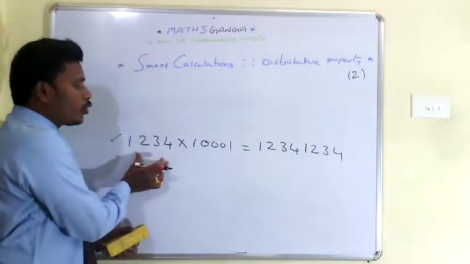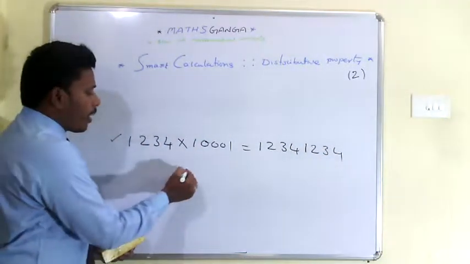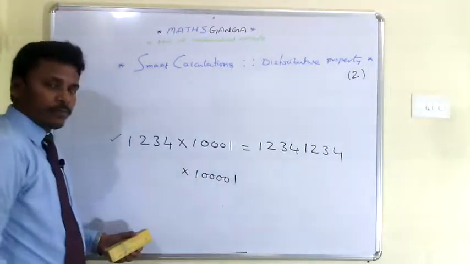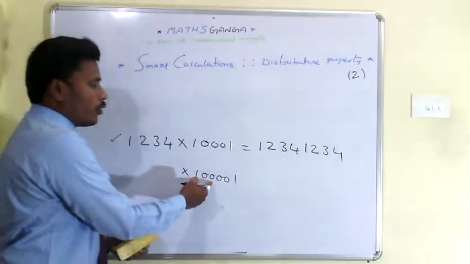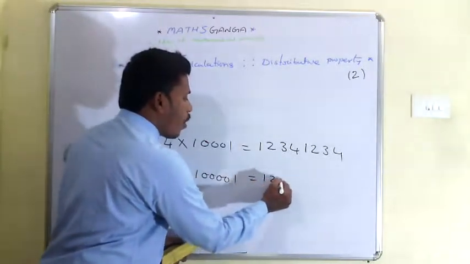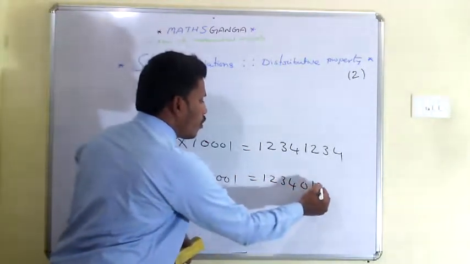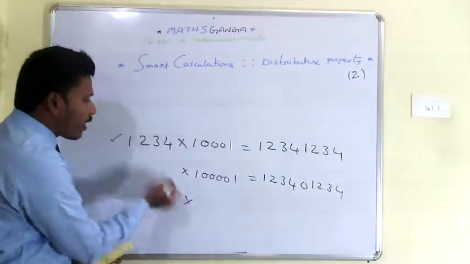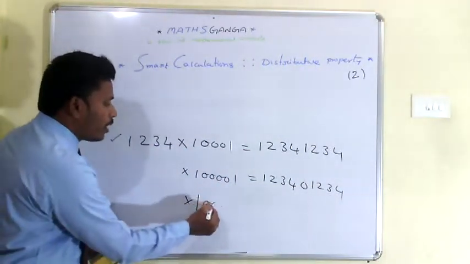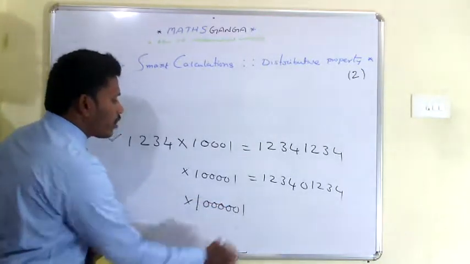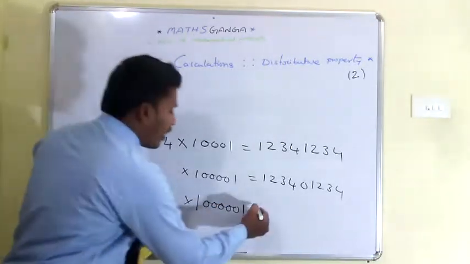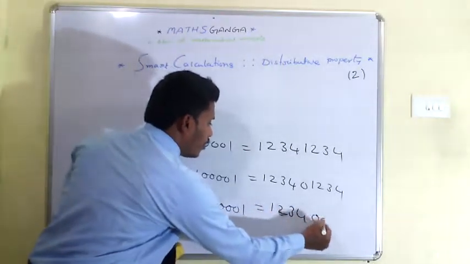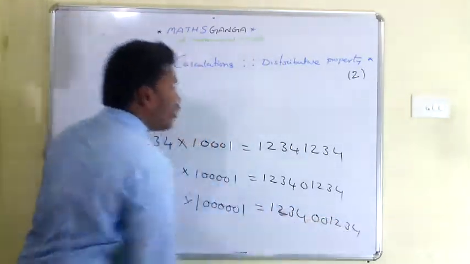If I multiply 1, 2, 3, 4 by raising one more zero, with 4 zeros and 1, the value will become 1, 2, 3, 4, 0, 1, 2, 3, 4. And if I multiply the same 1, 2, 3, 4 with the number having 5 zeros and 1, then the result will be 1, 2, 3, 4, 0, 0, 1, 2, 3, 4.